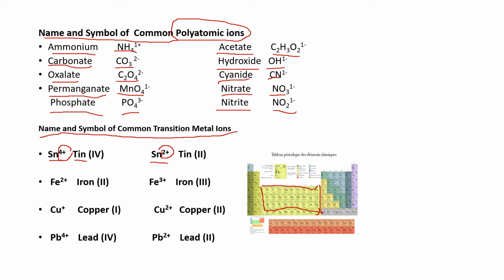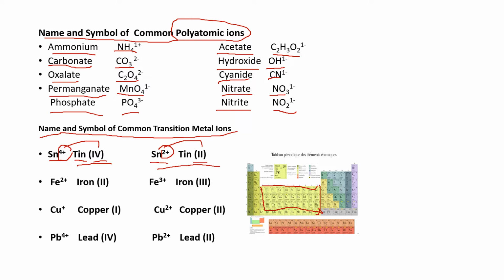And the name is indicated where the name contains the Roman numeral which indicates the oxidation number. Roman numeral 2 is the oxidation number. So the name of this is tin(II) and the name of this is tin(IV).